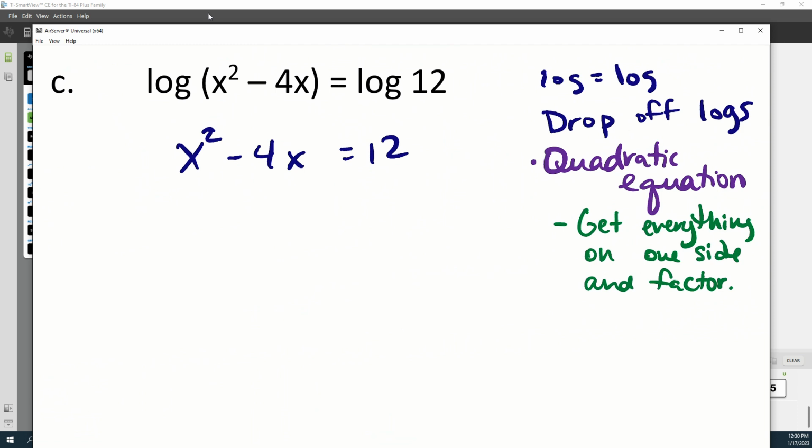Some of you are definitely better at it than others, but in Algebra 2, it's just something that will not go away. It comes up again and again and again. So to get everything on one side, I know that if 12 is positive over here on the right side, it is going to be negative on the left side. Or you can think of like you subtract it from each side, whatever way you need to think.